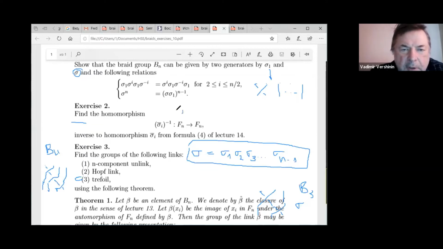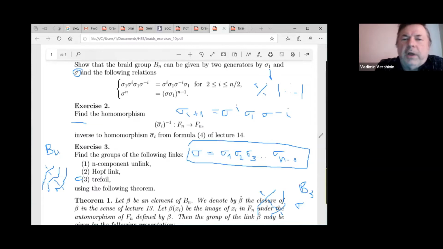For example, the following formula: sigma i plus 1 is equal to sigma in degree i, sigma 1, sigma in degree minus i.